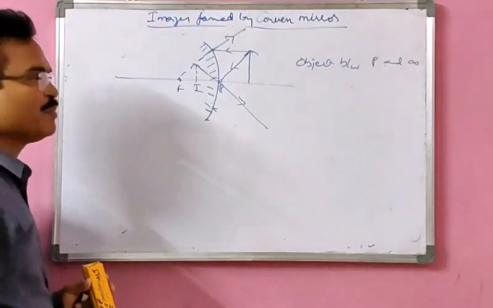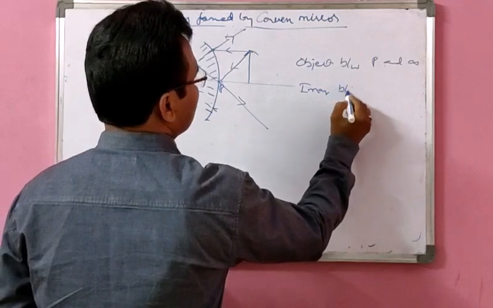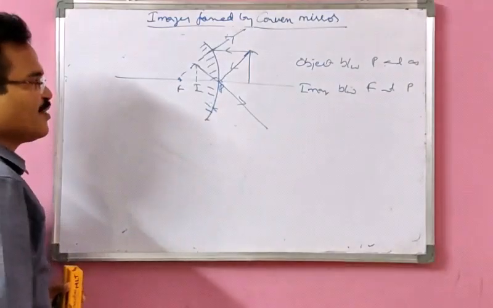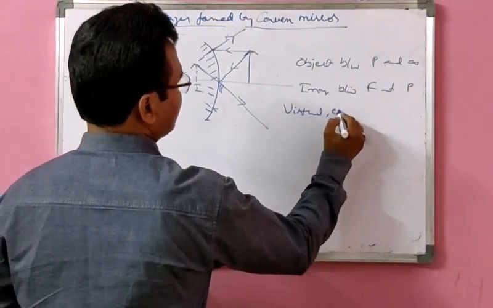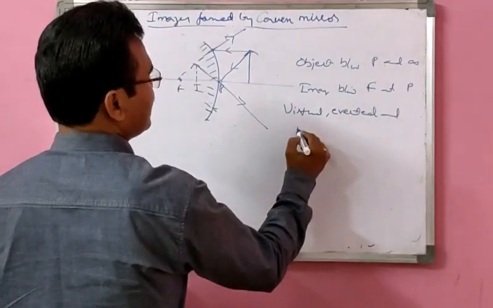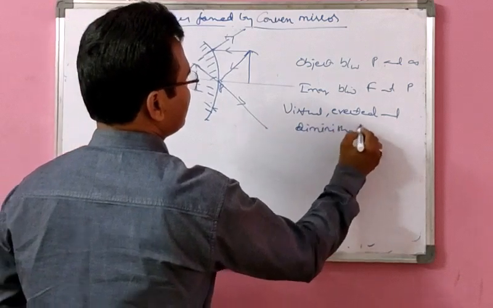If the object is between P and infinity, image is formed between F and P. What is the nature of the image here? It is virtual, erected, and diminished. That means size is small, always small.